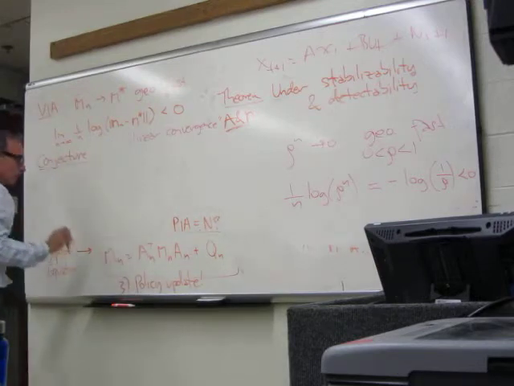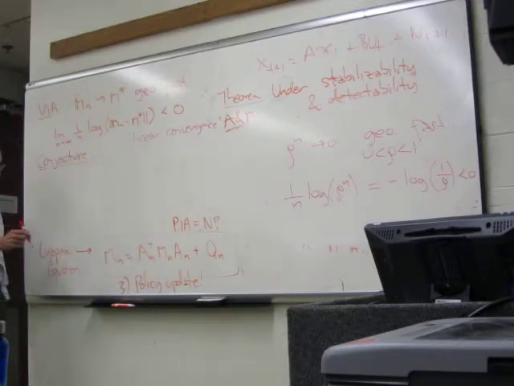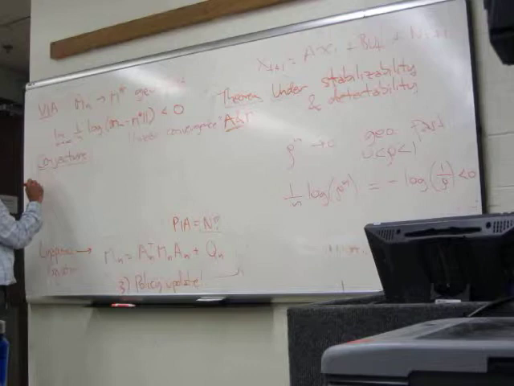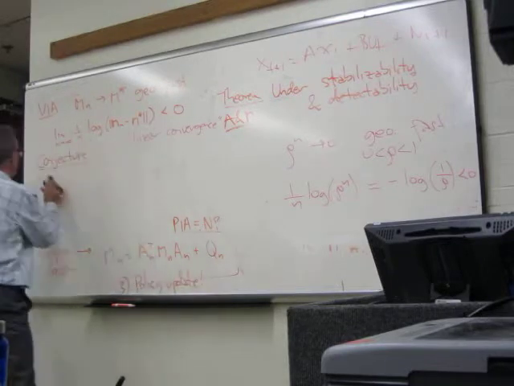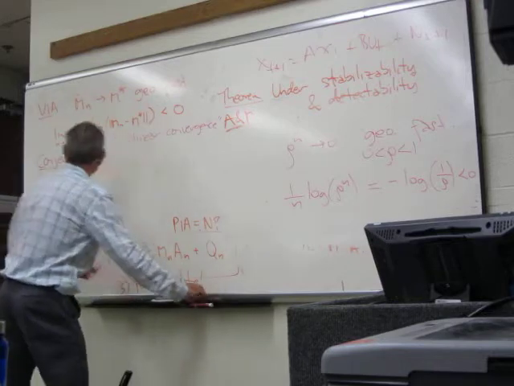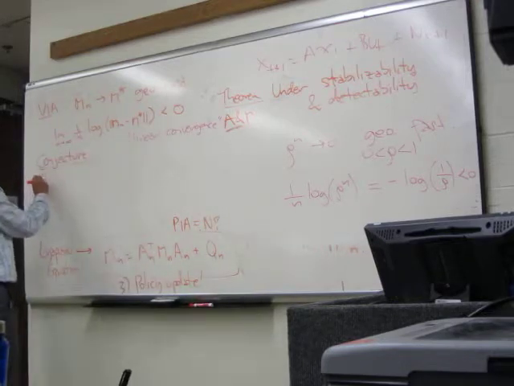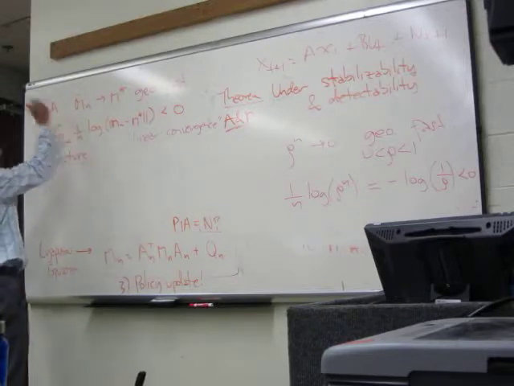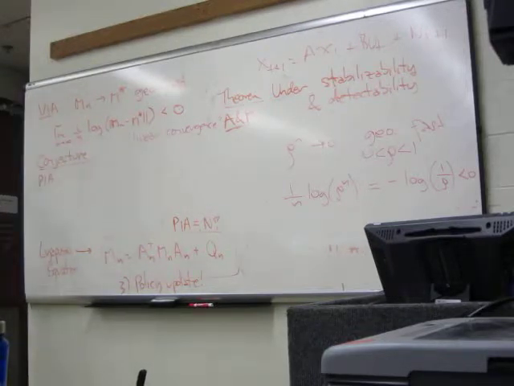Now I'm writing the conjecture here for PIA, and I'll put a limsup there, because the limit might not exist; maybe it oscillates around. For PIA, what would we expect? If you look at Anderson and Moore, it says it goes to 0 geometrically fast.